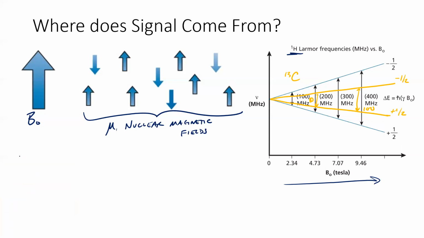So the more nuclei that are in the m equals negative a half state, we're going to get better signal. Which is why we care about this energy gap.